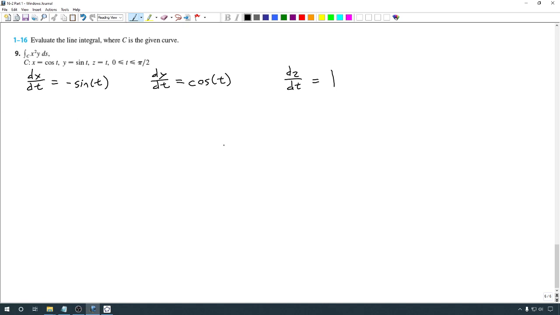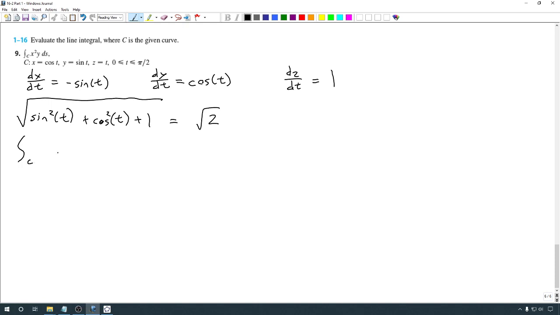It'll save us a little bit of space. Technically here, we're taking sine squared plus cosine squared, but then we have to add in a 1 squared, just 1. Sine squared plus cosine squared is 1, plus another 1 is going to give us a 2. Square root of 2. That's going to be our square root.